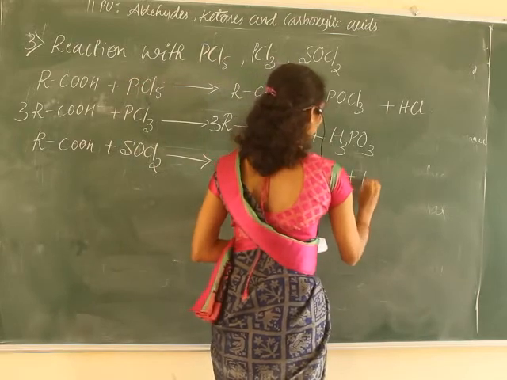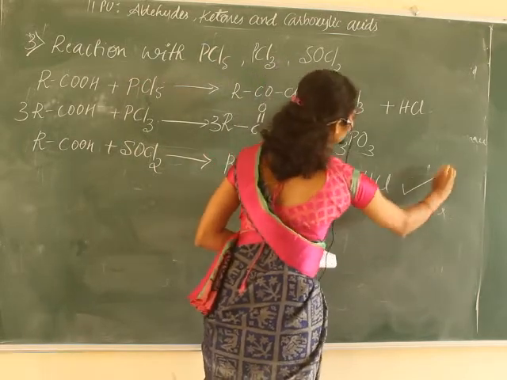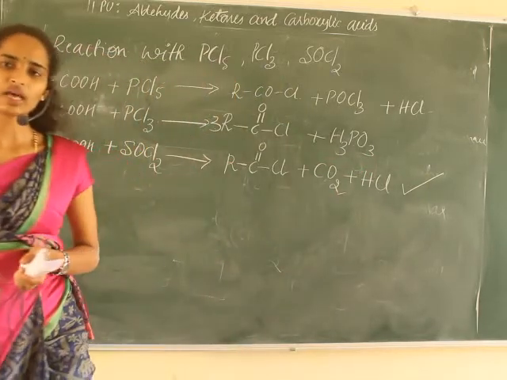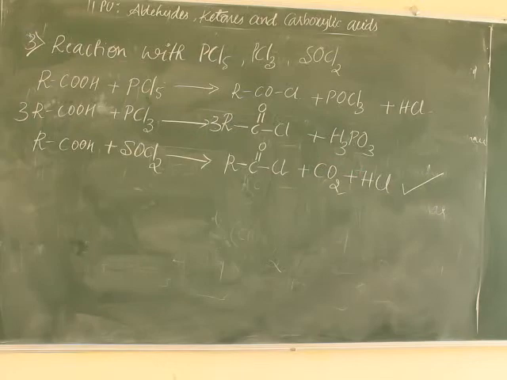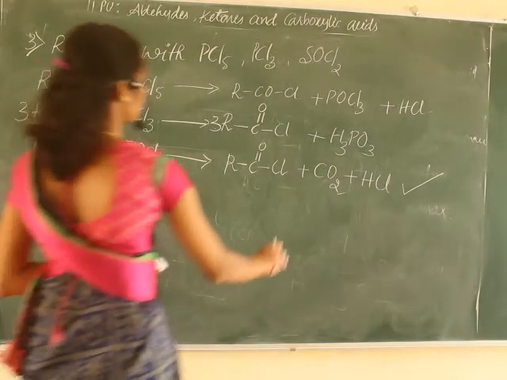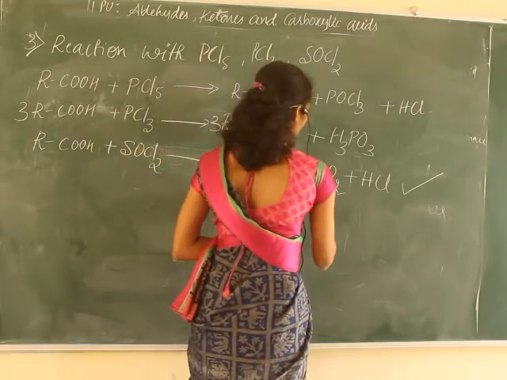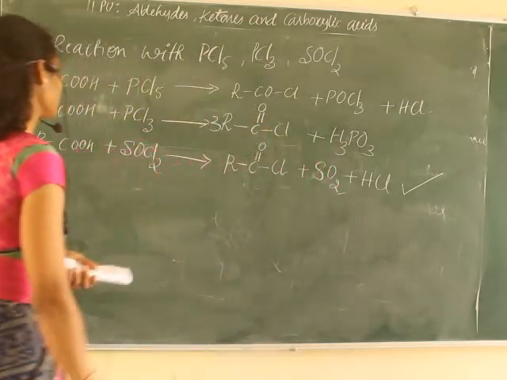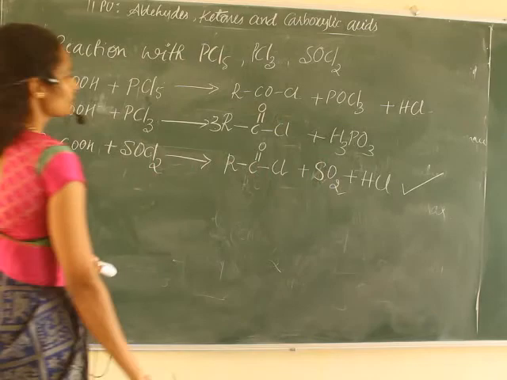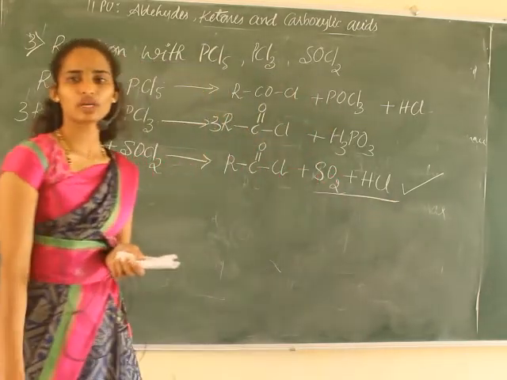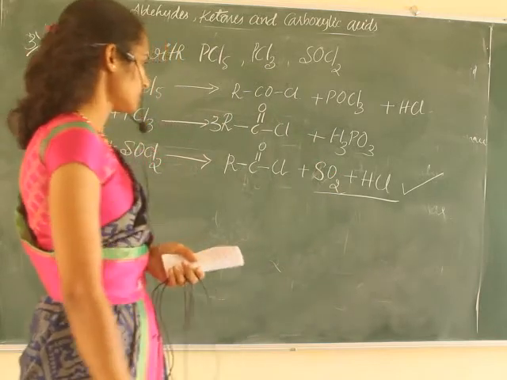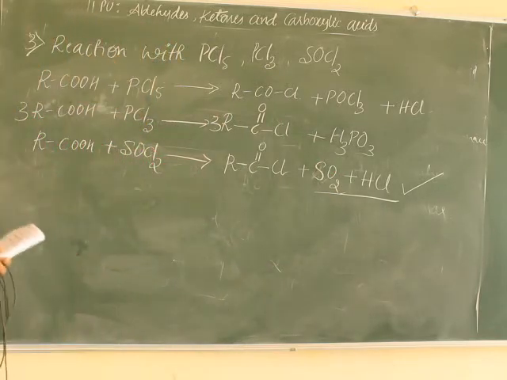sulfur dioxide and hydrogen chloride. It's not carbon dioxide, here it is sulfur dioxide. This reaction is preferred, as mentioned in haloalkanes and haloarenes, because we can easily remove the SO2 and HCl formed as byproducts, since they are formed as gaseous products.